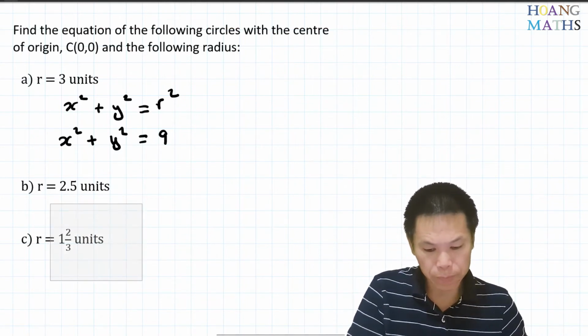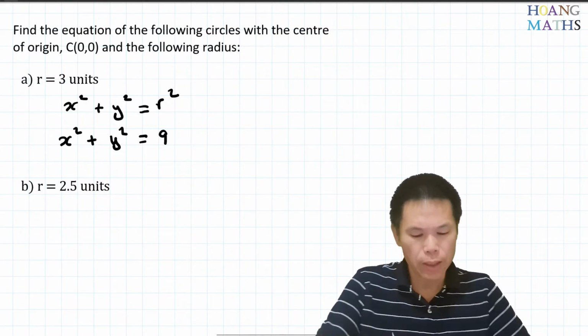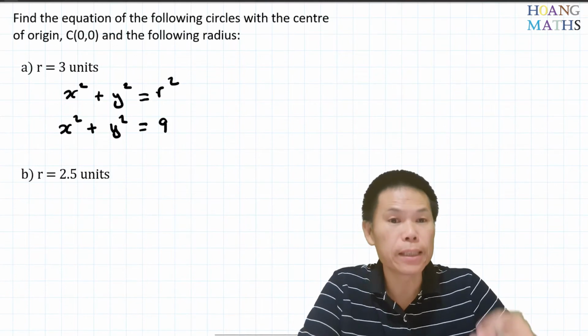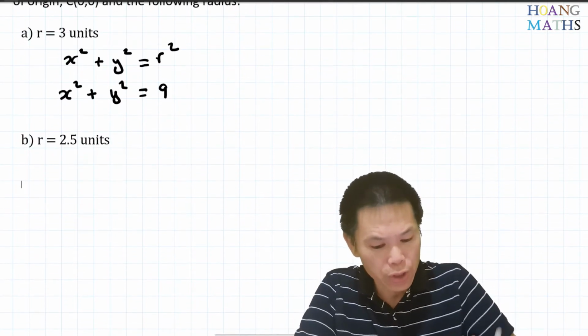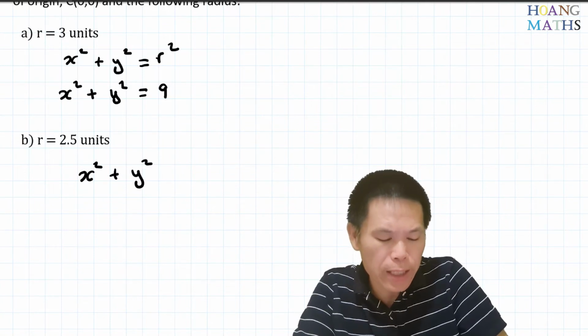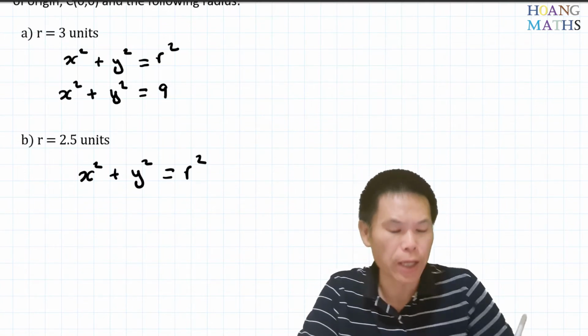Now part B. The radius is 2.5 and the center is still the same, at origin. So we know that x squared plus y squared is equal to r squared.